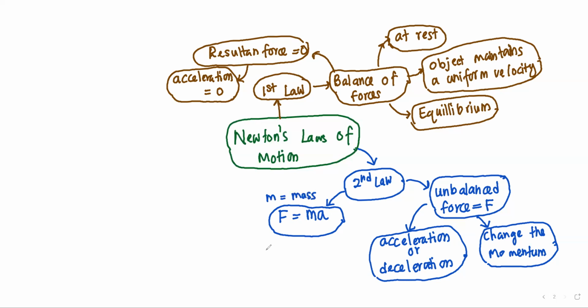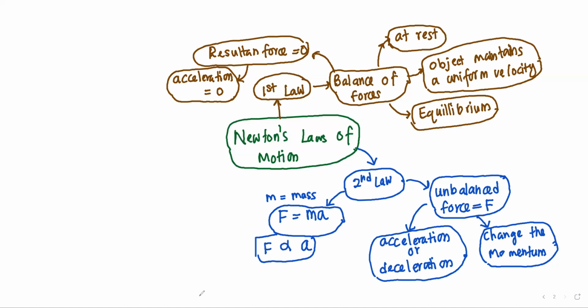According to this equation, force is directly proportional to acceleration, which means acceleration always exists with a resultant force. Without a resultant force, we cannot have an acceleration. If you increase the resultant force, the acceleration increases.